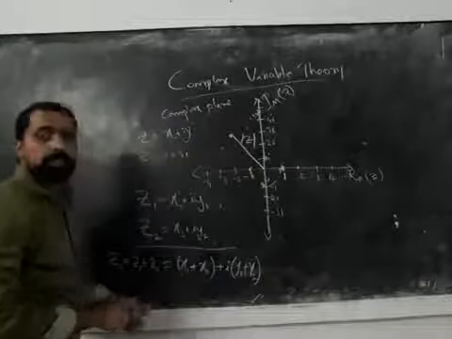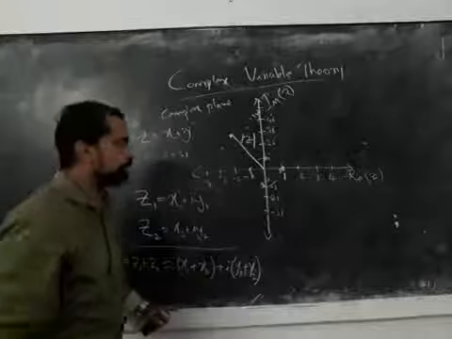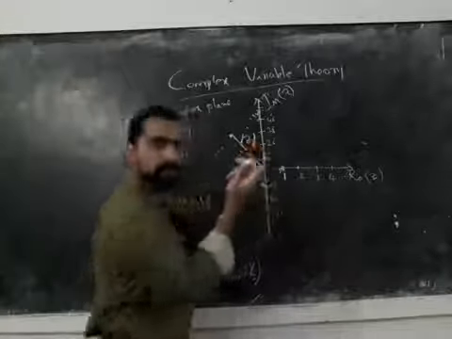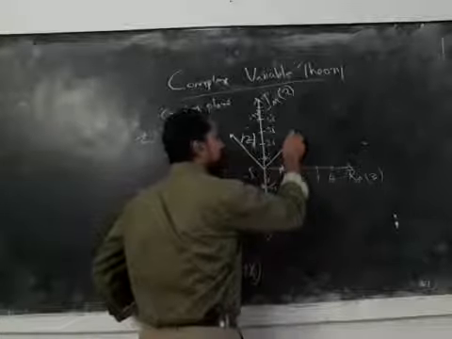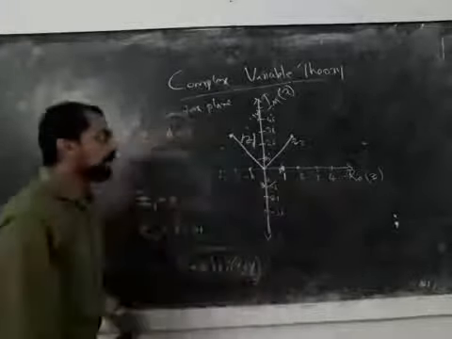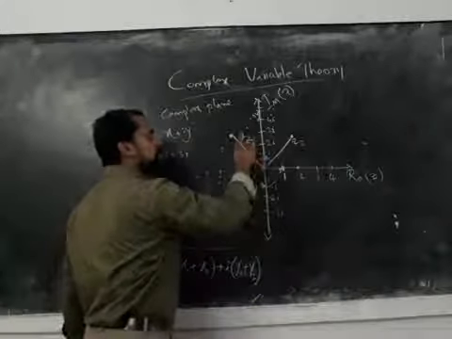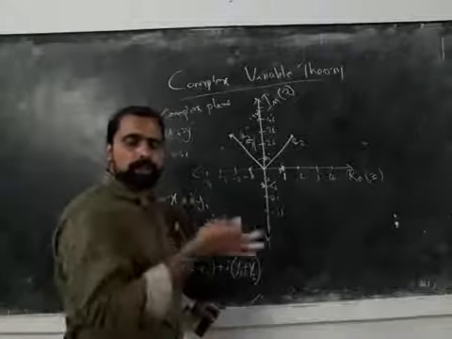Now another thing I mentioned, if you have two complex points, for example this is z1, and another is here, I am simply calling z2. In this case, you cannot say z1 is greater than z2 or z2 is greater than z1.